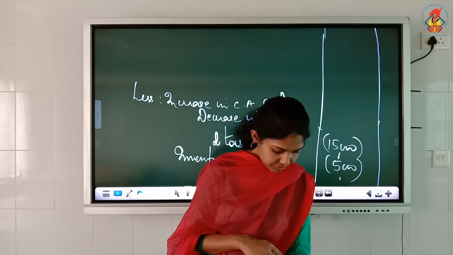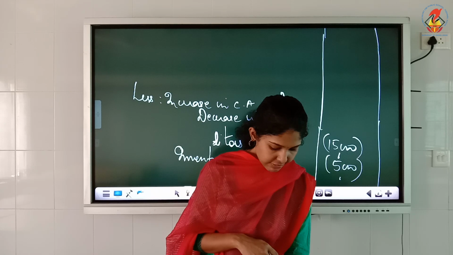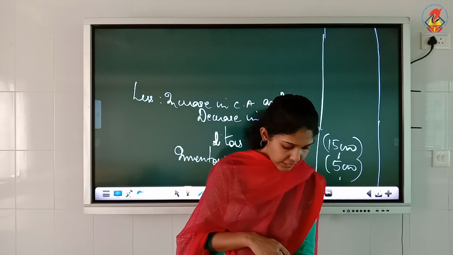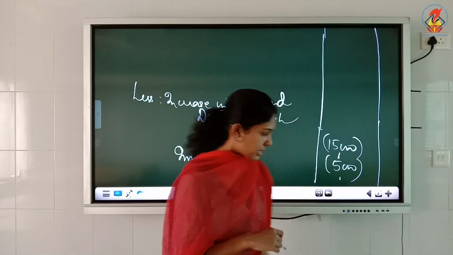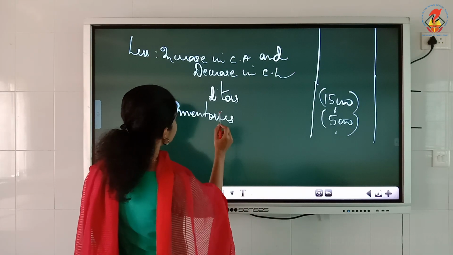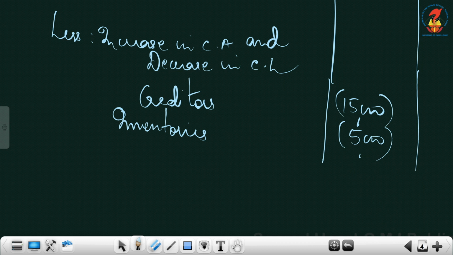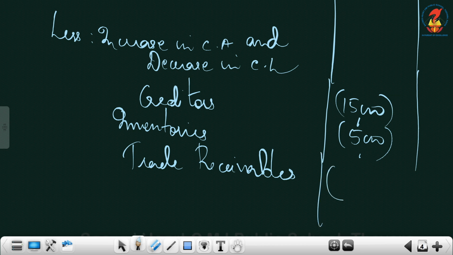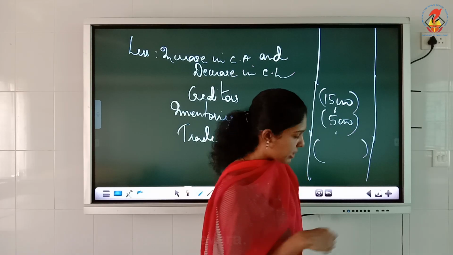Then we have trade receivables, that also increased. So again under less item. And the difference you can take, the difference is 75,000.